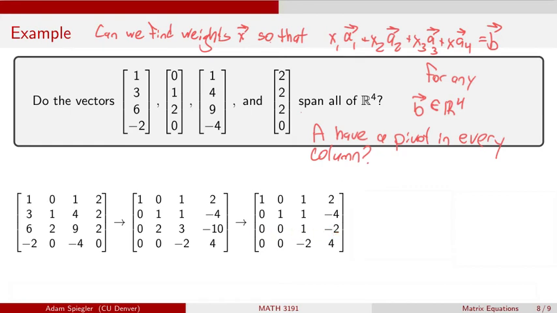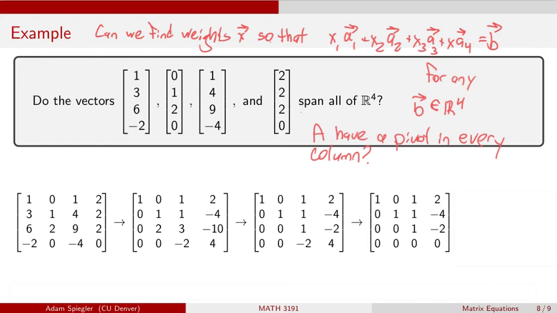Then lastly, let's eliminate the entries below this pivot by doing another replacement operation. This last operation is to replace row 4 with 2 times row 3 plus row 4. When I multiply this by 2, that kills off the minus 2 over here. And over here, we get a minus 4 plus 4, so we have a 0.